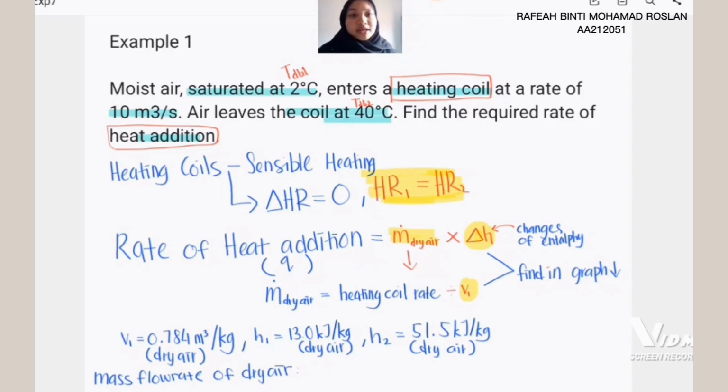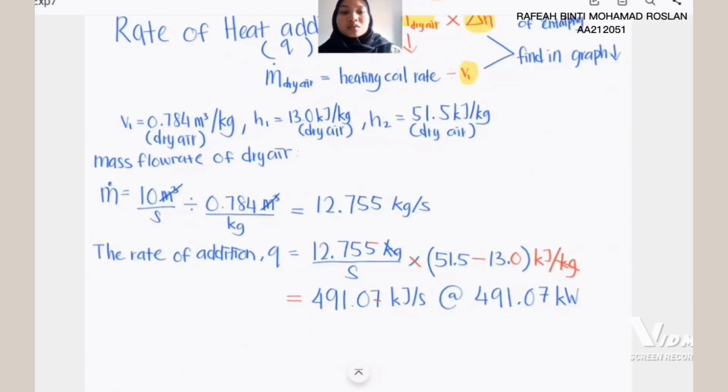How can we find the mass flow rate of dry air? By dividing the heating coil rate by the specific volume. We can find delta H, the change of enthalpy, and specific volume in the graph.